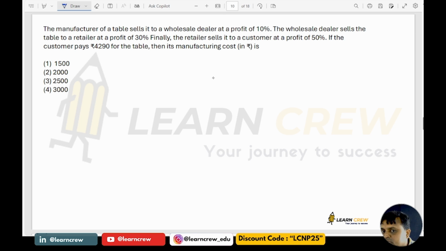So manufacturing cost, let it be X. On that there is a 10% profit. Again on that there is 30% profit. Again on that there is a profit of 50%. So finally customer is paying this much price, which is 4,290.